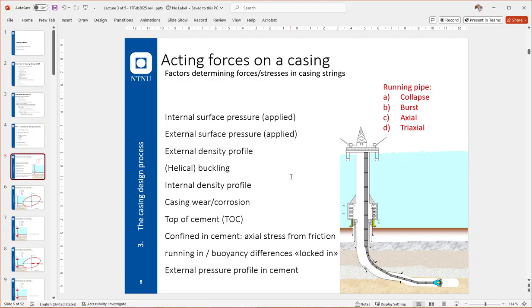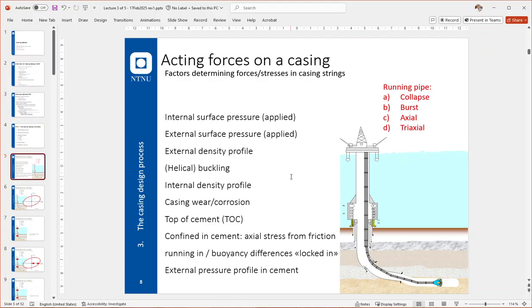What we will have to consider would be buckling. But when we are running casing in, could it be exposed to forces that are creating buckling or sinusoidal buckling into it, helical or sinusoidal? Again, the internal density profile, what are we pumping ahead? We sometimes are using just, in most cases, using just what we drilled with.